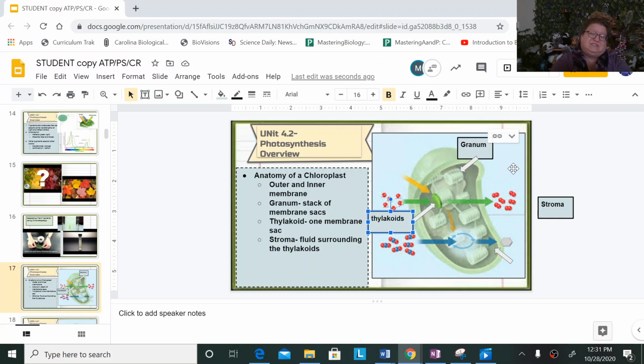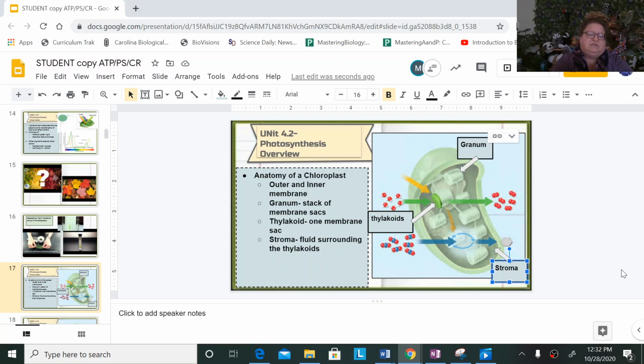So granum is simply a stack of thylakoids. And then all of these are surrounded by this dark green-gray stroma. The stroma is a semi-fluid that bathes the granum.